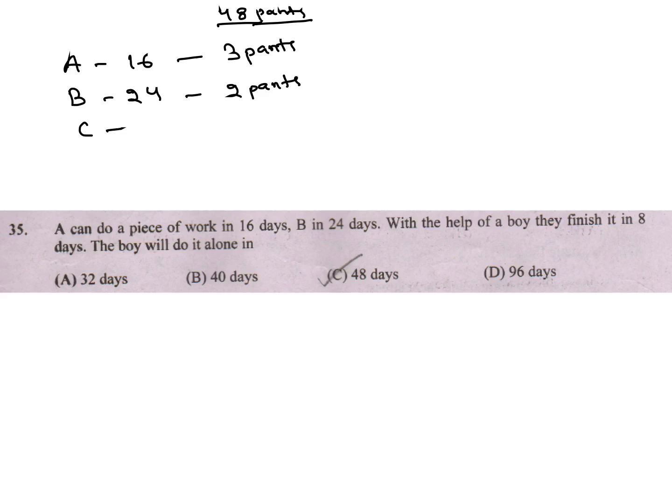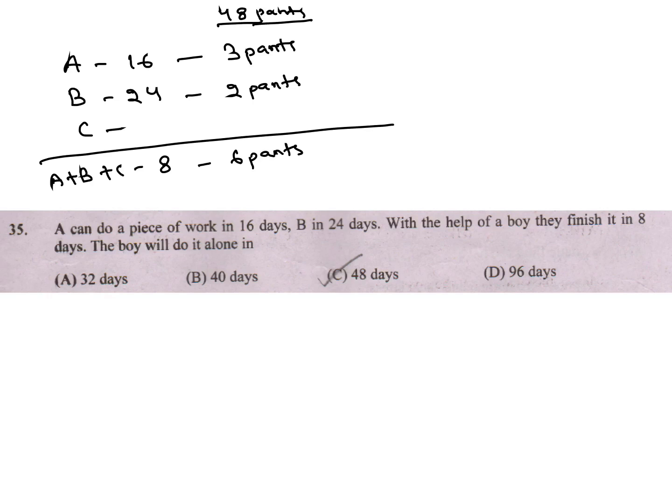With the help of a boy, so A plus B plus C, they will finish in 8 days. So per day they will finish 6 parts. Here 3 plus 2 is 5 parts, total is 6 parts. A plus B plus C is 6 parts, and A plus B is 3 plus 2, 5 parts. So C will do 1 part.